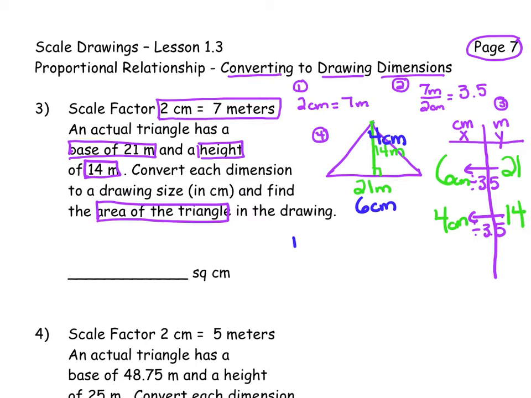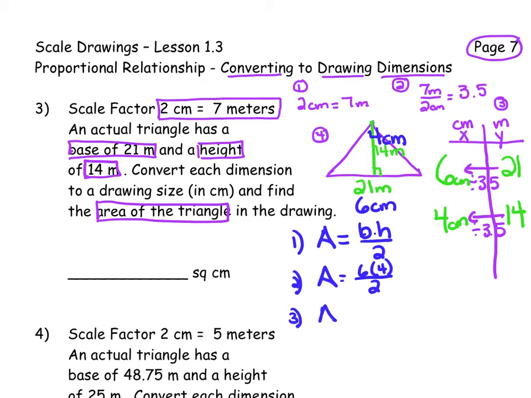Now we're going to use the area formula for a triangle, which is area equals base times height divided by 2. Let's substitute in 6 centimeters times 4 centimeters divided by 2.